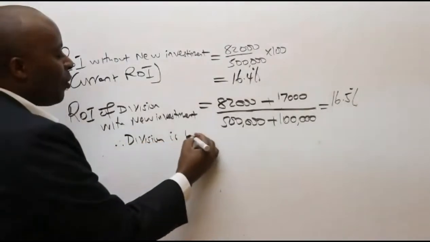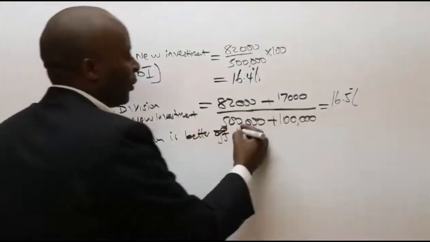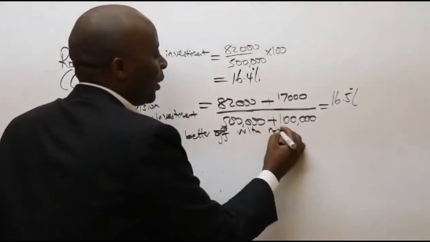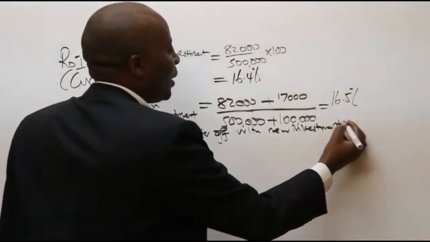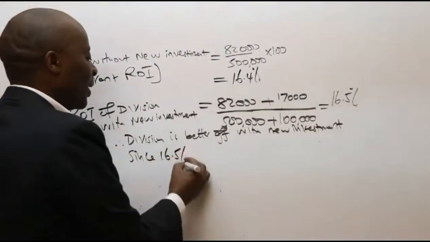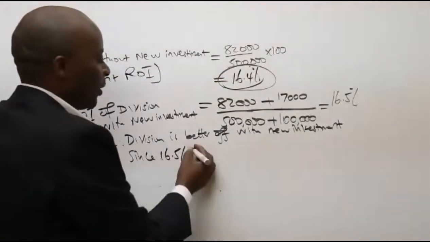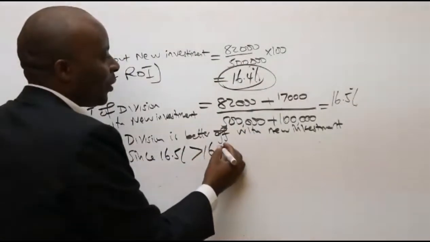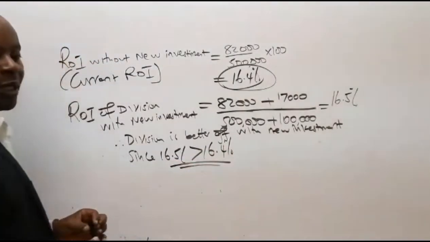Therefore, the division is better off with the new investment, since 16.5% is more than 16.4%.